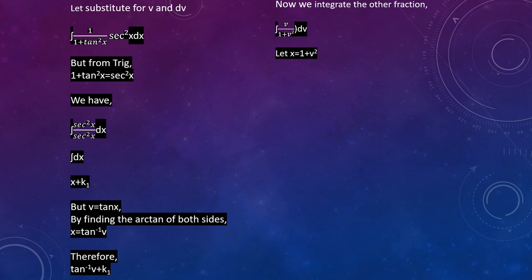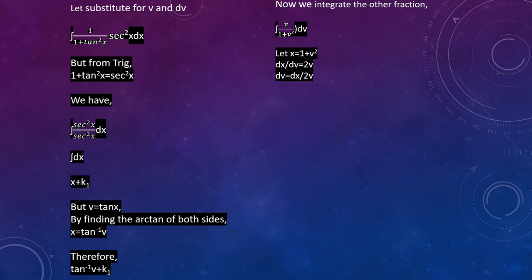Then du over dv equals 2v, so dv equals du over 2v. I'll substitute du over 2v into my equation, because now we are integrating with respect to u, so we don't want to have v anymore.